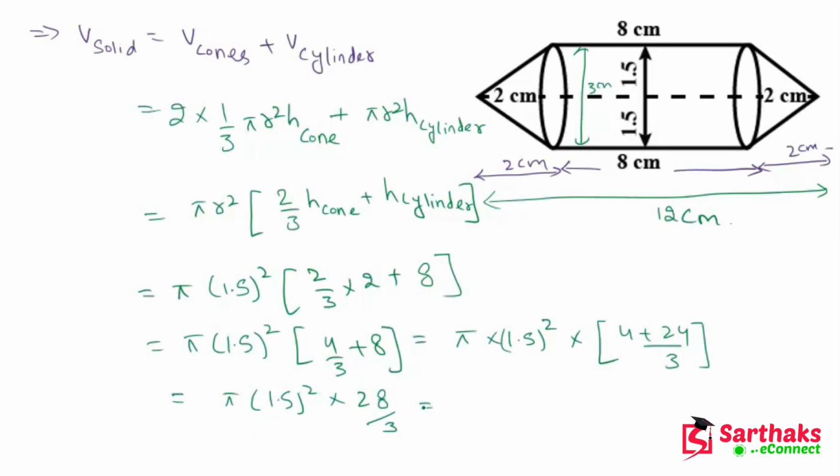If we expand this, we get pi into 2.25 into 28 upon 3. So if we solve this, we get volume is pi into 63 upon 3. This is divided by 21 times, so we get pi into 21.